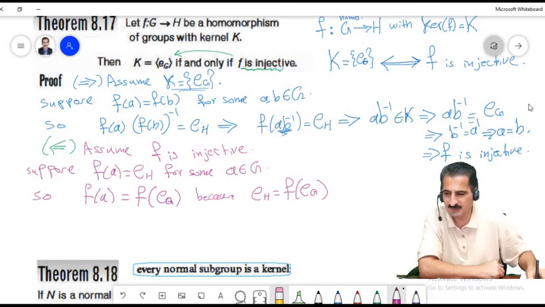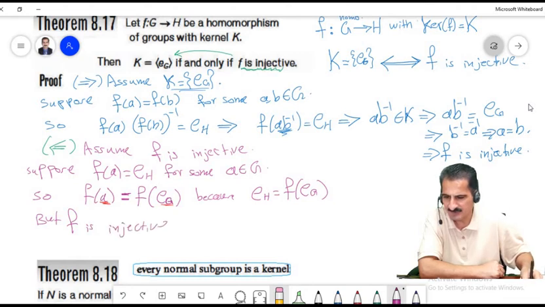Now what we got here, we got two elements, A and e of G, whose images are equal. But f is injective. So how could this be possible?